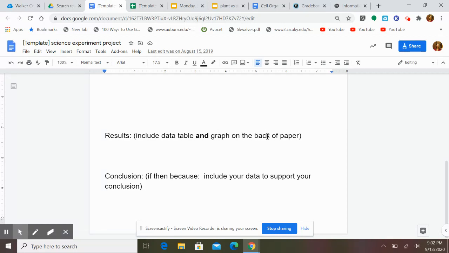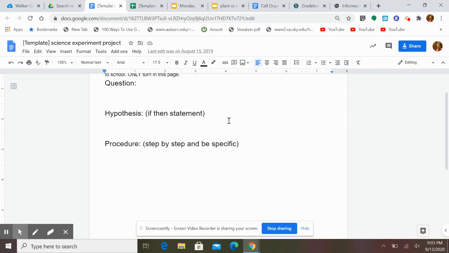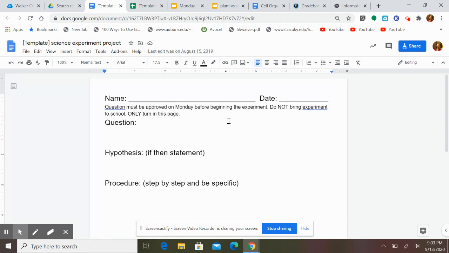You will not have to put it on the back of the paper since you are doing it on the computer. As you insert it into this page, it will just make space for it. And then you will write your conclusion in the form of an if, then, because statement. Don't forget to provide your reasoning. So this right here is the only thing you will be turning into me. However, if you take pictures or videos of your actual experiment, I would love to see those on social media.